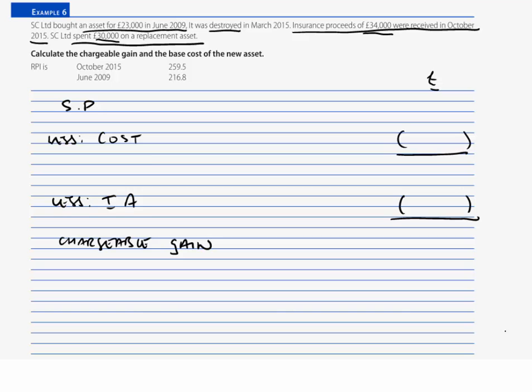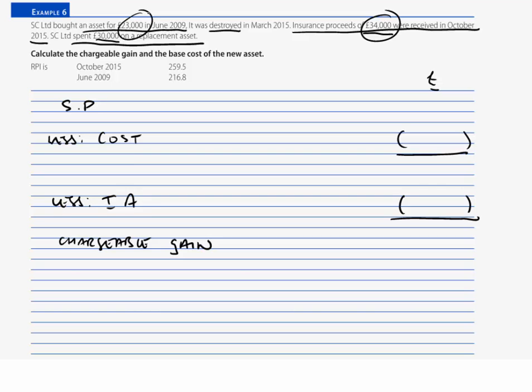And we just show a basic standard gains calculation. We know we're deemed to sell for 34. We need to know the cost: bought the asset for 23,000 in June 09. Take the cost from the proceeds, get the unindexed gain.